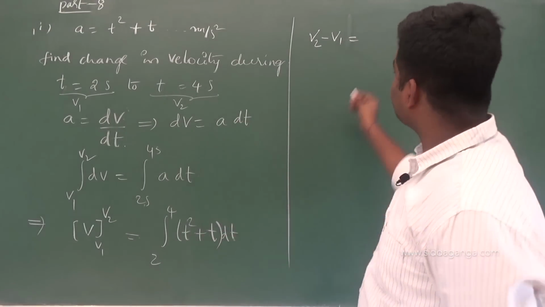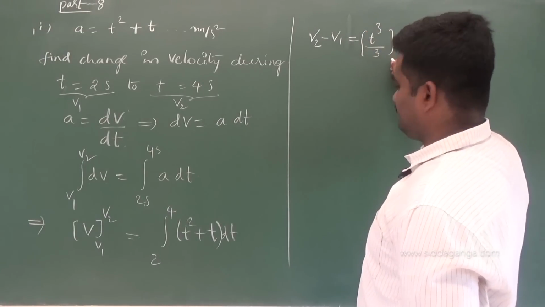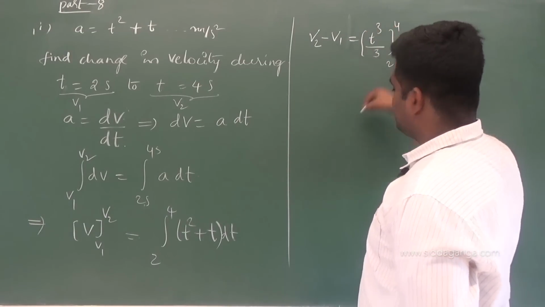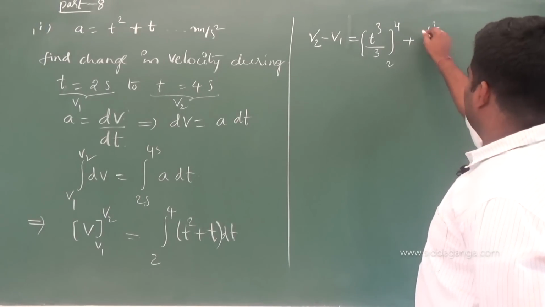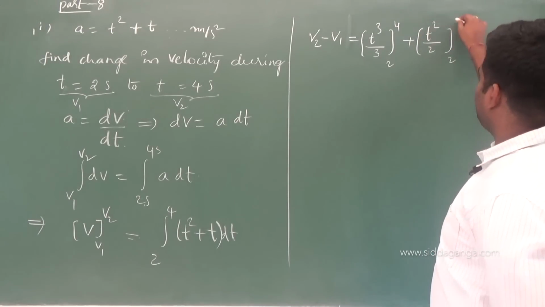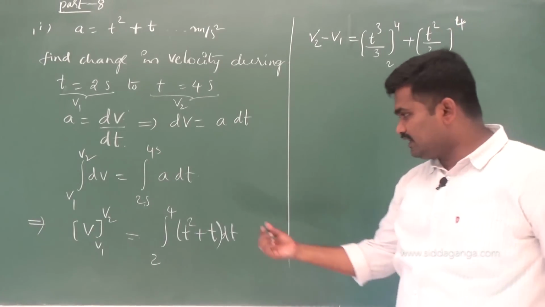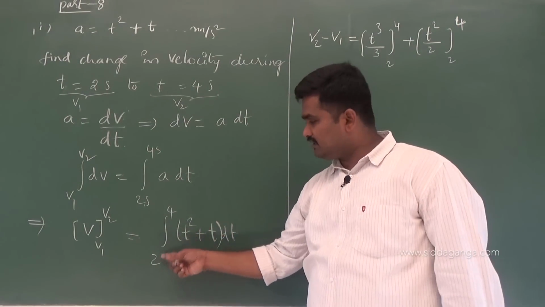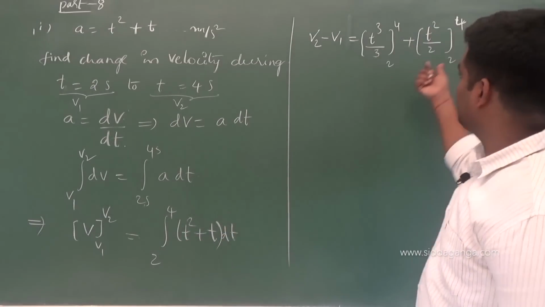This is t cubed by 3, limits 2 to 4, plus the integral of t dt, which is t square by 2, also with limits 2 to 4. Do the integration individually and apply the limits individually for each function.